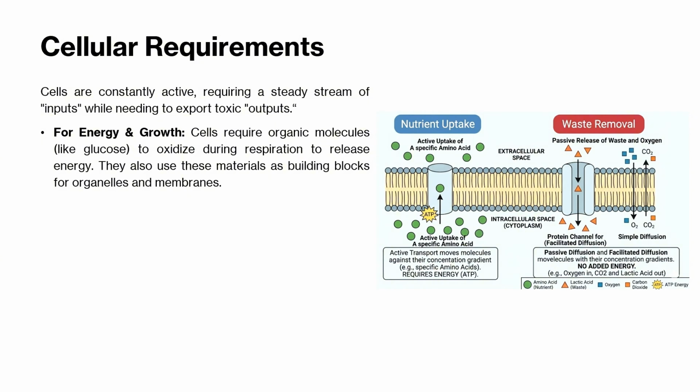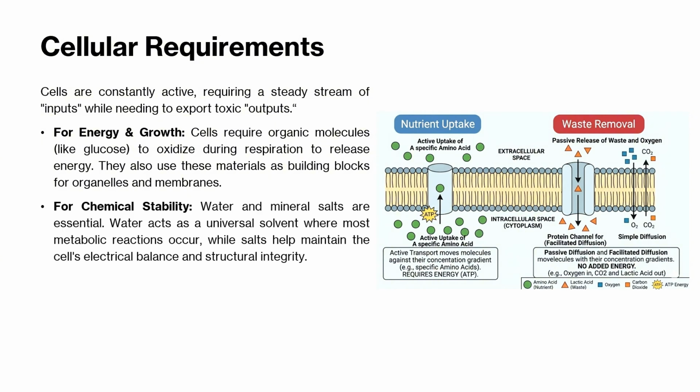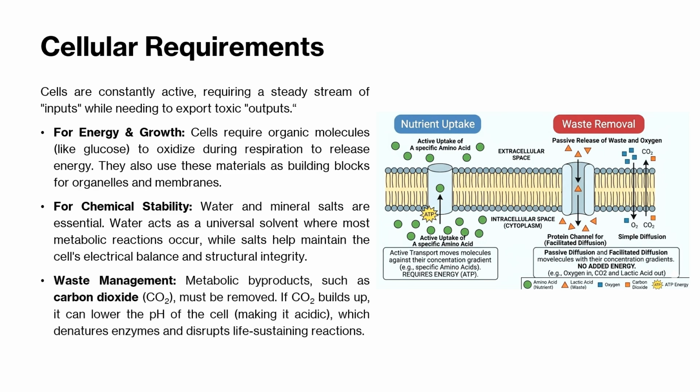And the second one, next we have chemical stability. For a cell to work properly and quite efficiently, it needs water and mineral salts. Water is known as the universal solvent because it is the liquid where almost all chemical reactions in the body happen. And finally, we have waste management. This is very critical. When cells work, they produce trash like carbon dioxide.